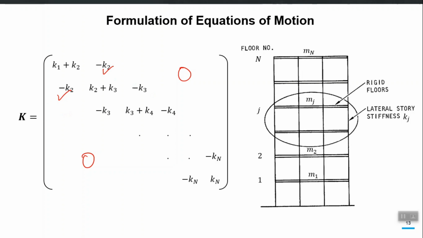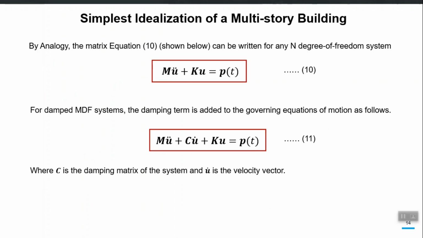So it means that for any general multi-story building, which is following our assumptions that the mass is assumed to be located only at certain levels and only lateral degrees of freedom, we can simply formulate its M and K matrices, and then we can try to solve this governing equation of motion. And the general form of the governing equation of motion is M u dot dot plus K u is equal to P of t. It has the same form as the single degree of freedom system, but now M is not one number but a mass matrix, and it has the order degree of freedom by degree of freedom, right.